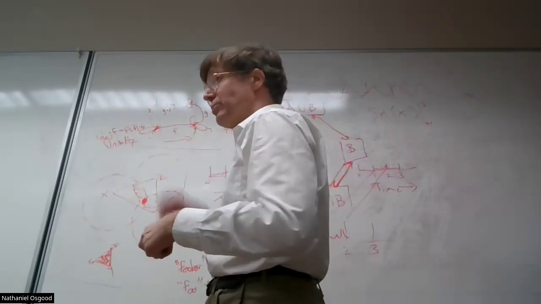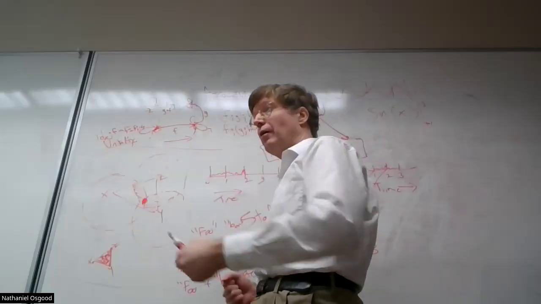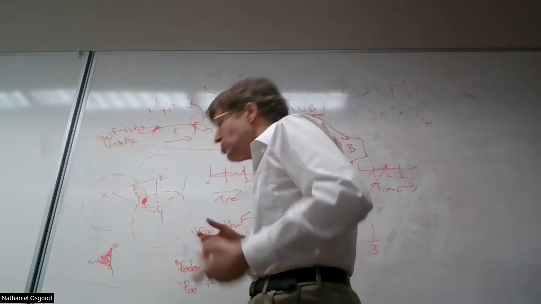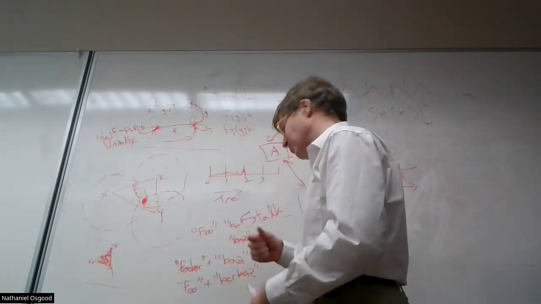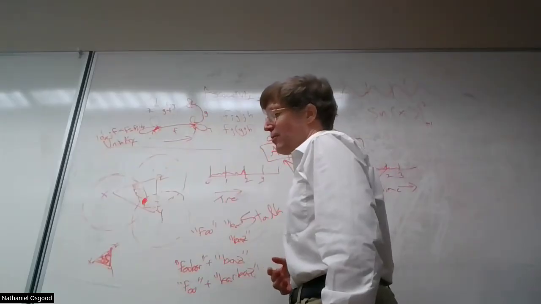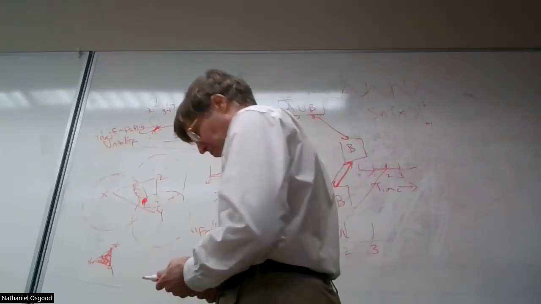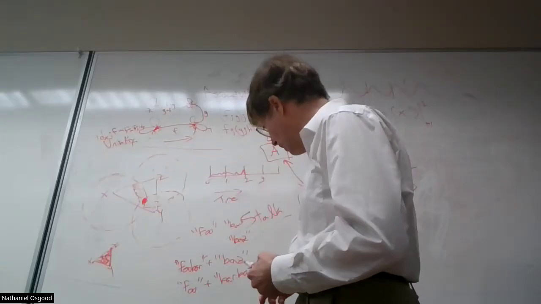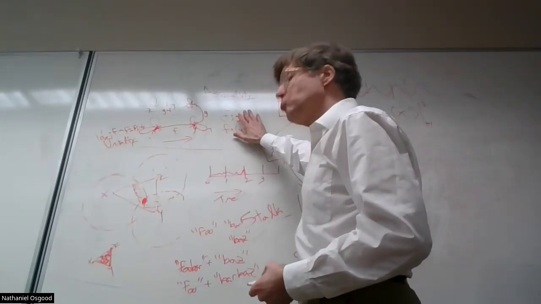Same thing with arrays. If you stick one array after the other, it's associative. There are categories there, and it's actually very beautiful. For those interested, you get something very closely related to the free monoid.